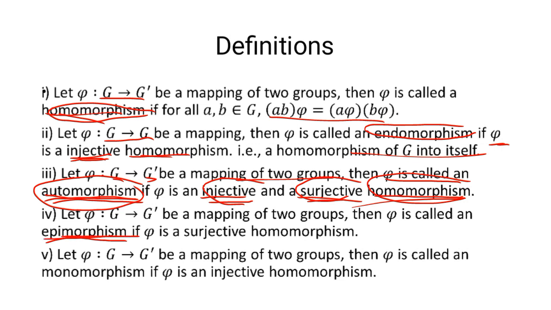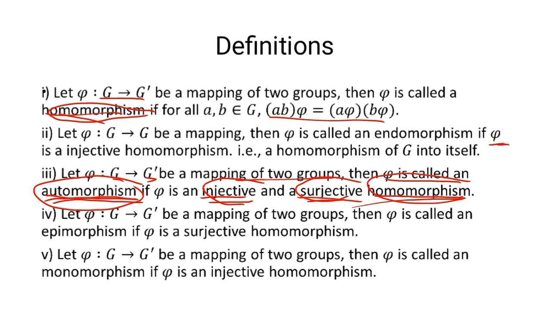An epimorphism is simply a surjective homomorphism. So epi means surjective homomorphism, and it's mapping from G to G prime. For the endomorphism, we said an injective homomorphism, but note it is G to G, not G to G prime. But for the epimorphism it is G to G prime, and it is surjective.